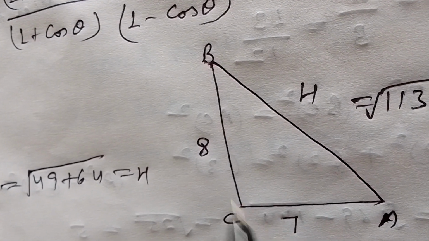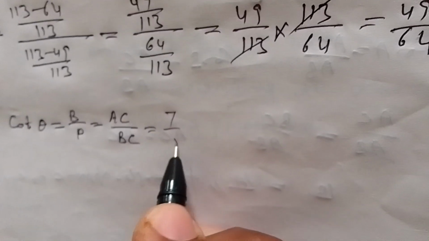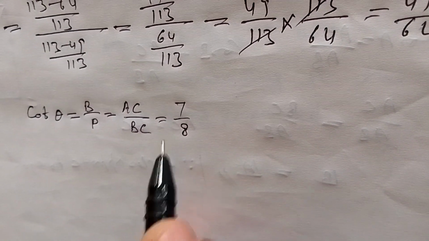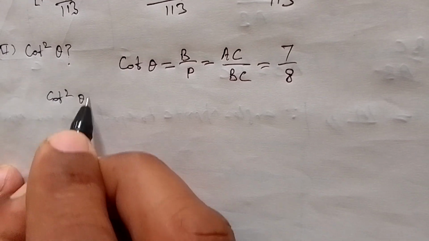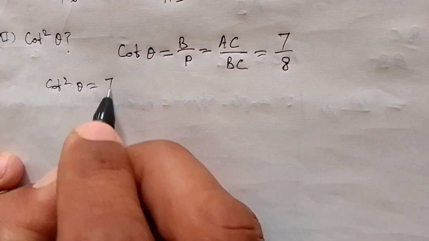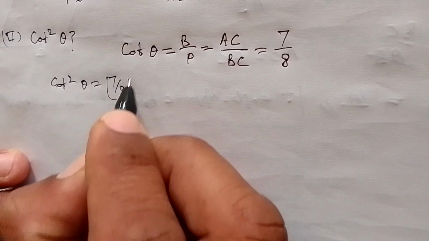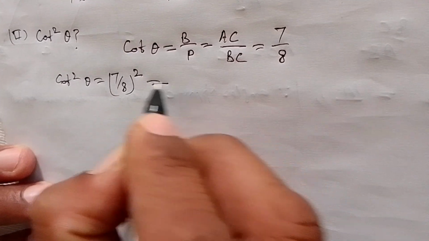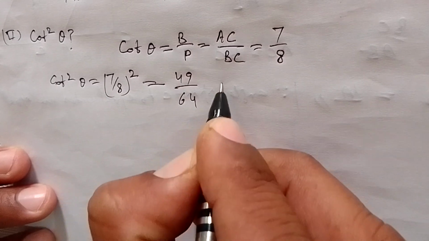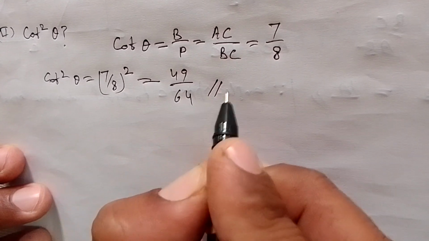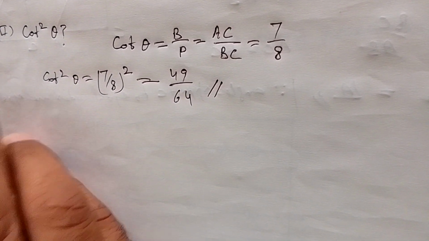So base is this and perpendicular is this, 7 by 8. Now cot square theta will be 7 by 8 square, which is 7 times 7 is 49, 8 times 8 is 64. That is the answer of the second part of the question number 7.